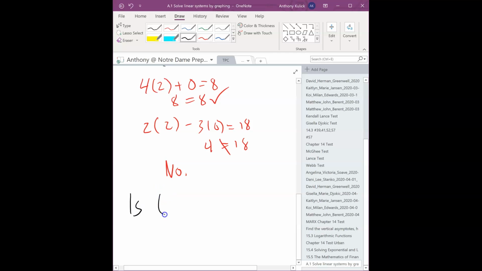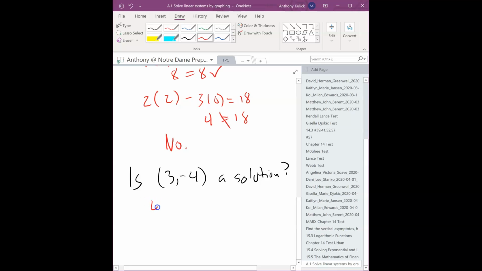Now I might ask, is (3, -4) a solution? So here we'll do the same thing. We have 4 times 3 plus negative 4 equal 8. So that's 12 minus 4 equals 8. That's true.